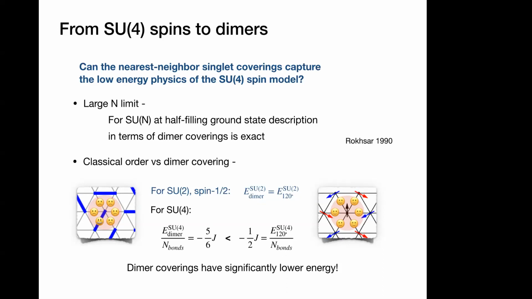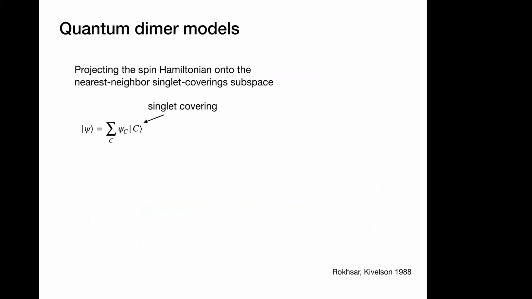Okay, so this motivates us to look at the relevant dimer models, or projection onto the dimer space, in the SU(4) case. And we do this following the procedure by Rokhsar and Kivelson, essentially considering a variational state, which is some superposition of the different nearest neighbor singlet coverings.